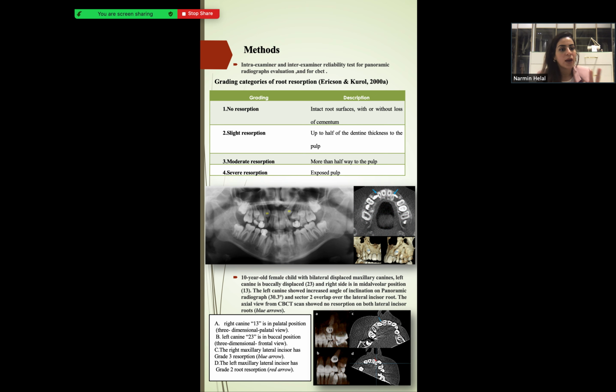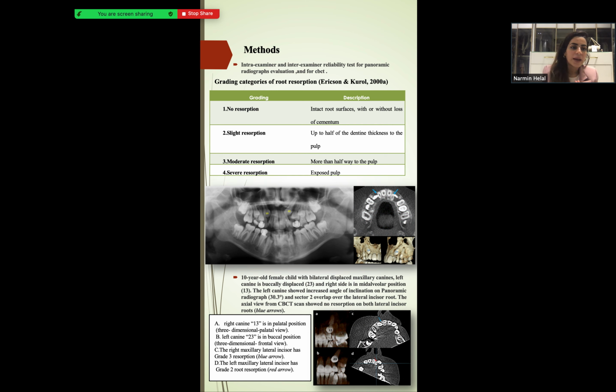We had two examiners, and both were calibrated. We did inter-examiner reliability and intra-examiner reliability. Intra-examiner reliability was perfect, and inter-examiner reliability was substantial.